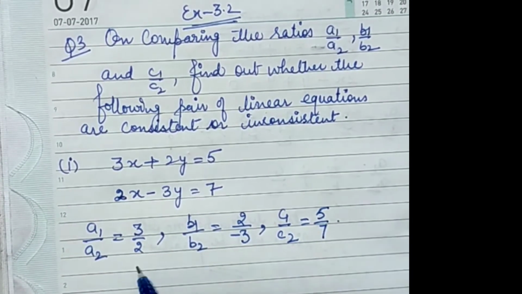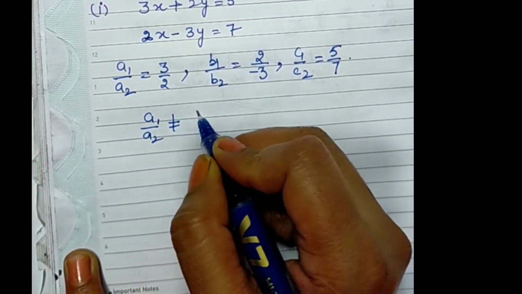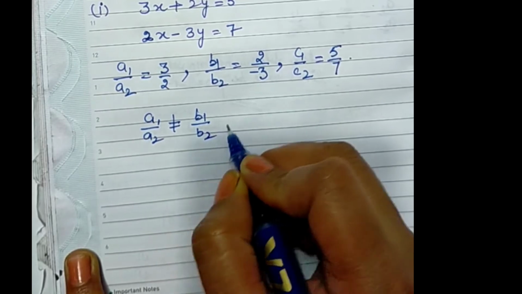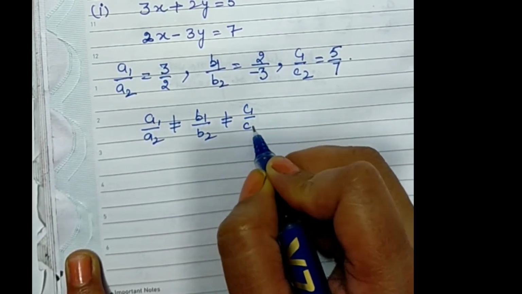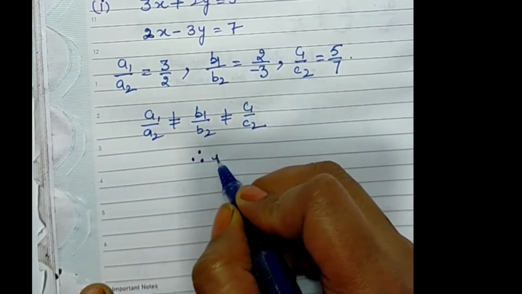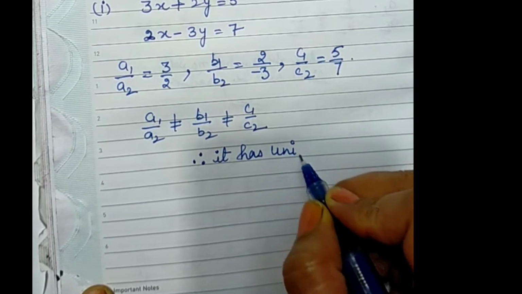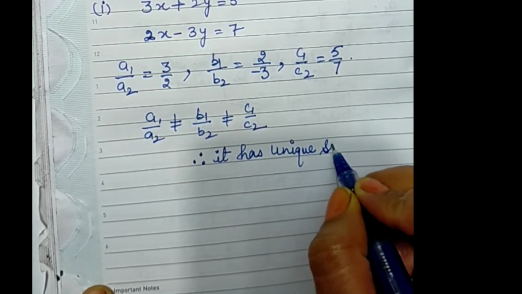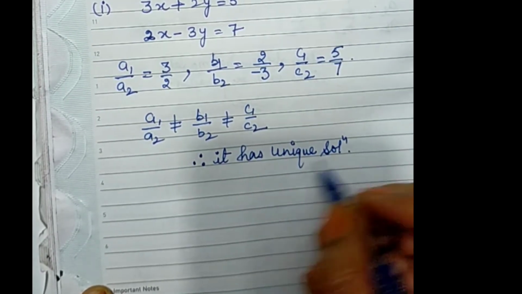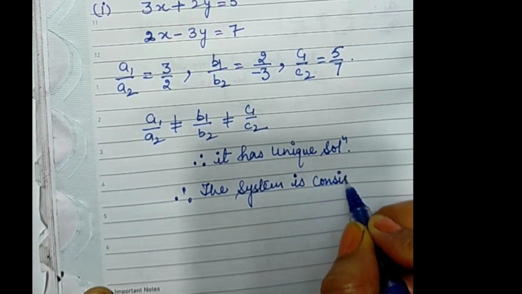So you can see all the ratios are totally different. That means all the ratios are unequal. And if the ratios are unequal, therefore it has a unique solution. And if it has a unique solution, that means there is some solution, therefore the system is consistent.